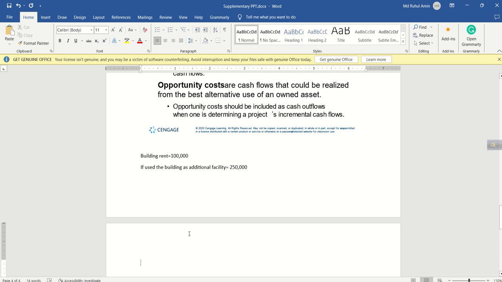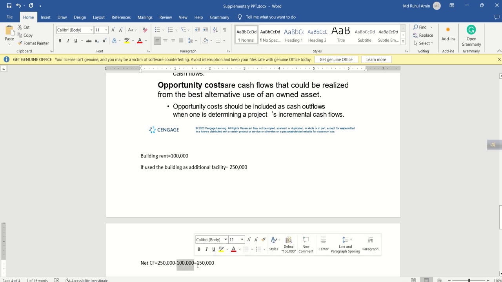Then you should consider this as opportunity cost. So your net cash flow would be $250,000 minus the additional 100,000. So it should be 150,000 as your net cash flow.